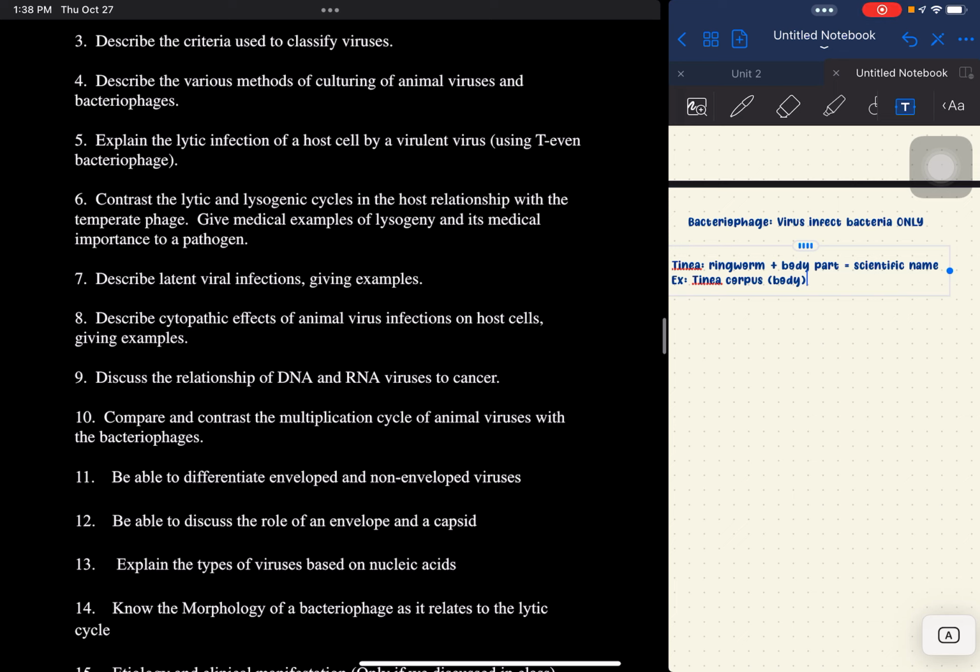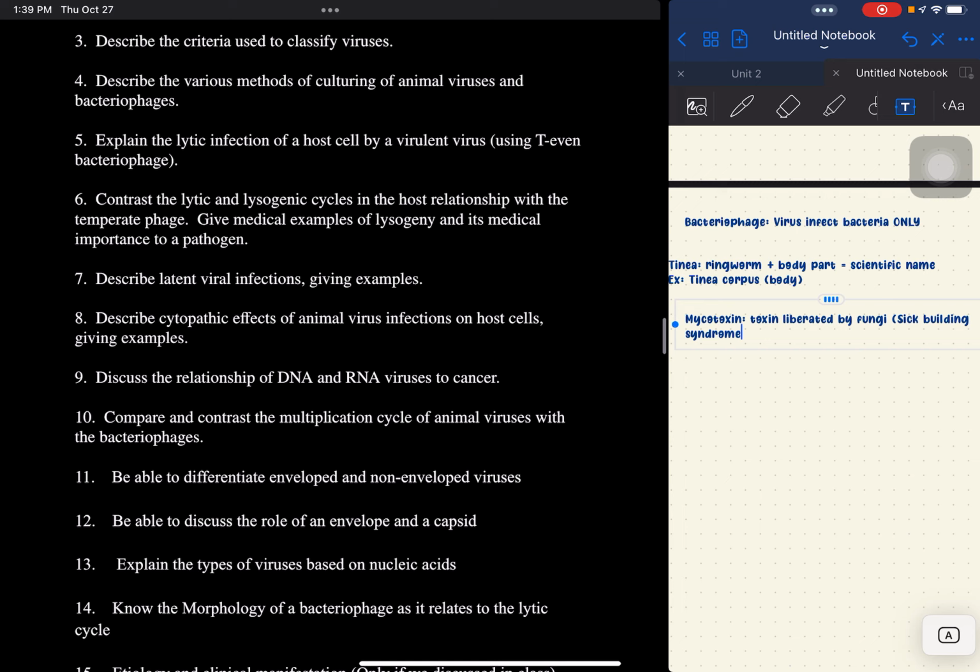Can you go over what a mycotoxin is again, please? Mycotoxins are toxins that are liberated by fungi. That's really dealing with sick building syndrome. Remember how we talked about how very few individuals are actually affected by mycotoxins.